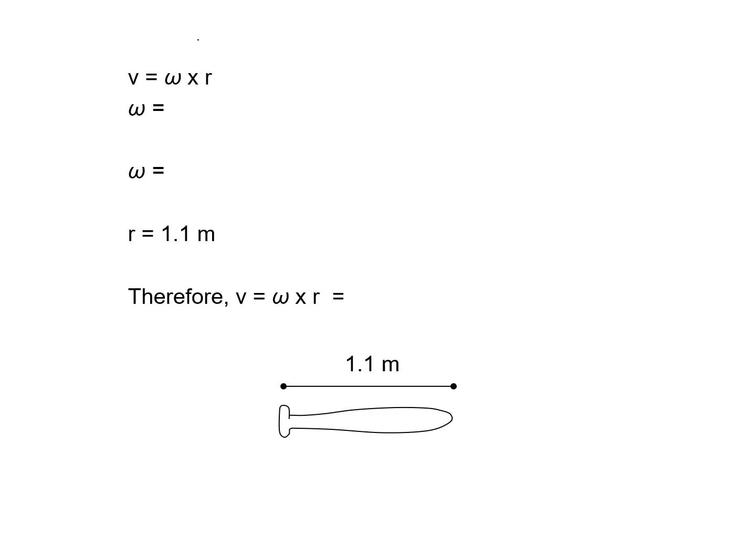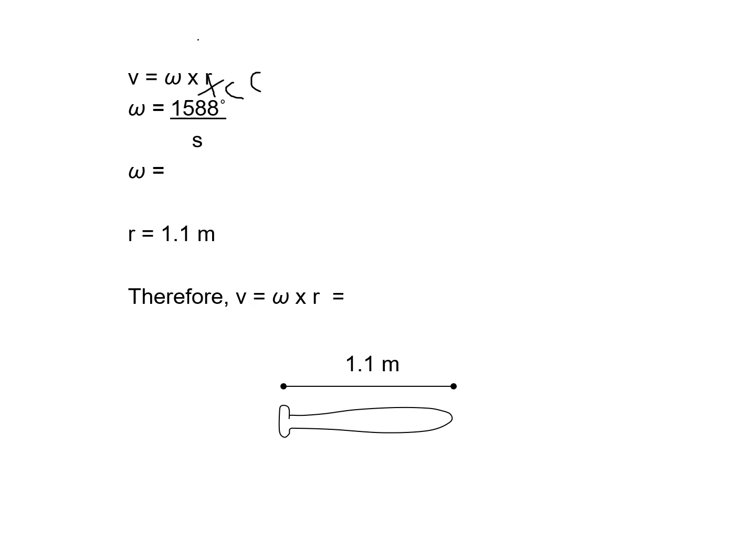So let's look at this equation and try to solve it. We know that the bat's angular velocity was 1,588 degrees per second, and when we're swinging a baseball bat, we are swinging it in a counterclockwise motion. So it's going to be positive.